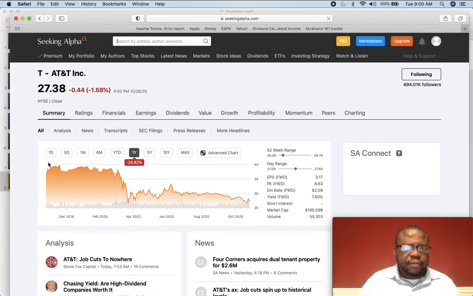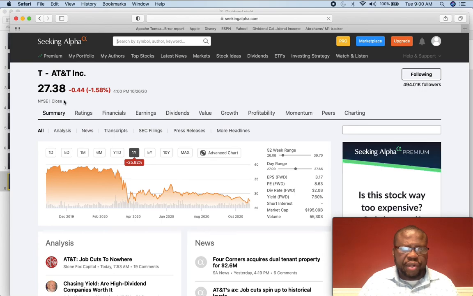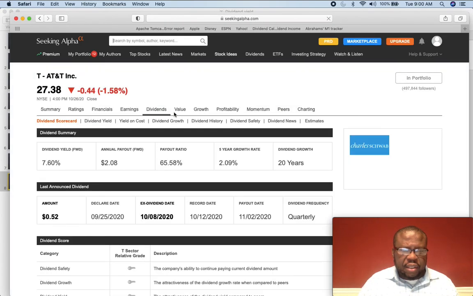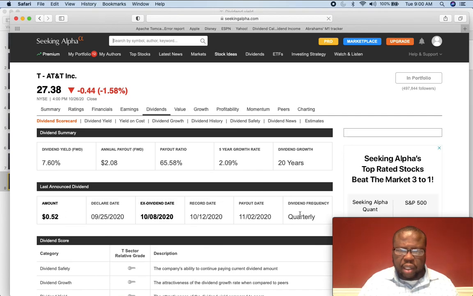Ticker symbol T, AT&T, trading at $27.38. The dividends, it pays 52 cents quarterly, and annually, you take 52 cents times 4, you get $2.08 divided by the share price of $27.38, and you get a dividend yield of over 7%, 7.60%. Obviously, the growth rate is slower.